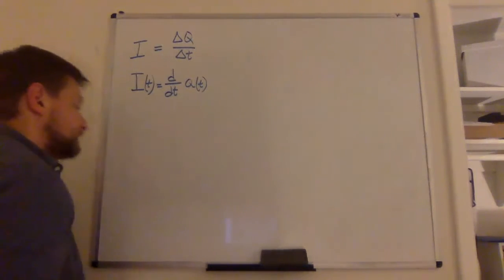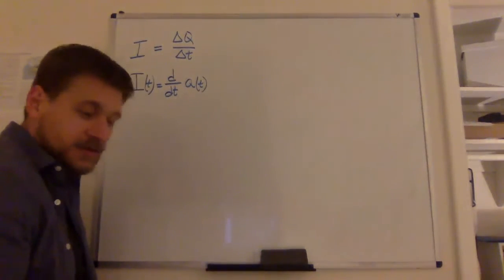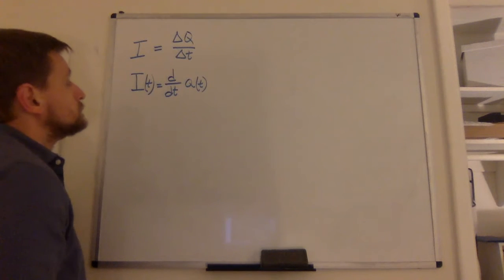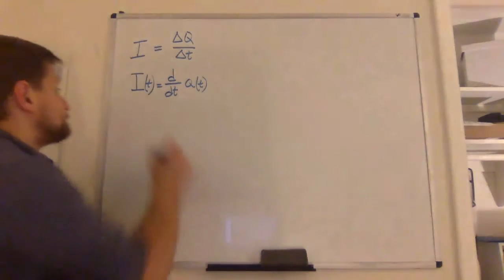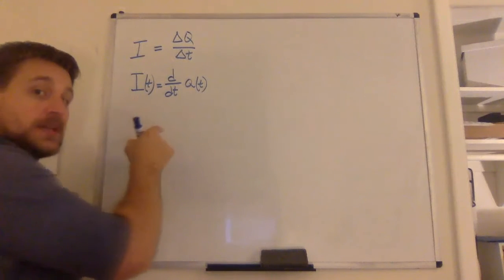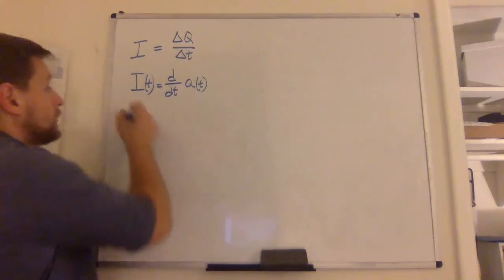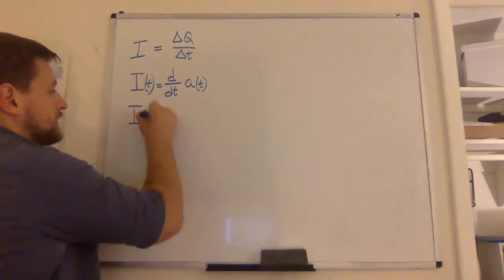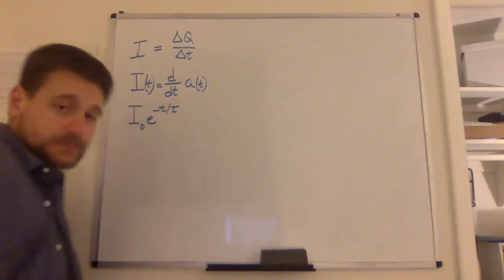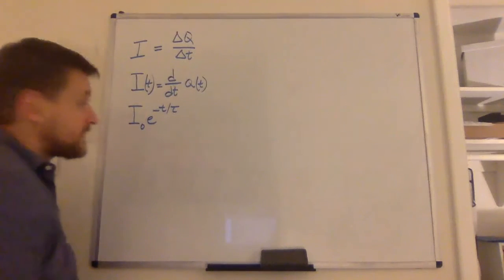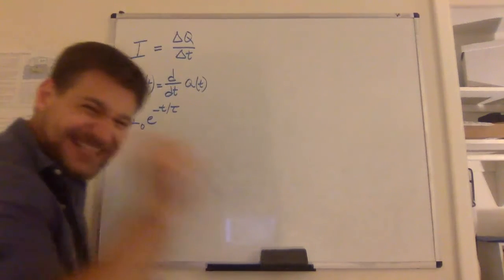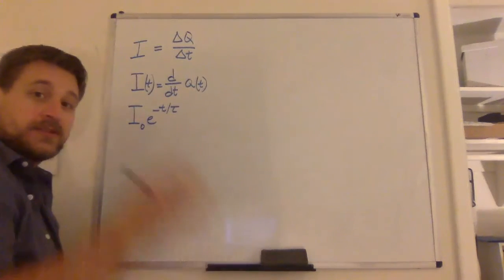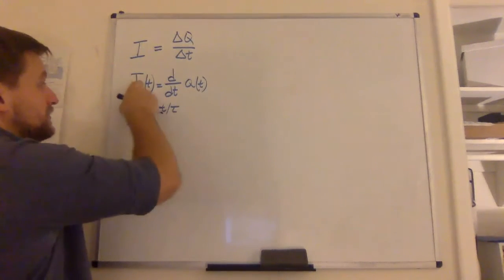Now, the current moving through the circuit, we have a function for it. As a function of time, at any instant of time, we wrote that the current has some maximum value times an exponential. This is an instantaneous current. Tell me exactly what time it is, I can tell you the current. It's not an average. It's the current as a function of time.